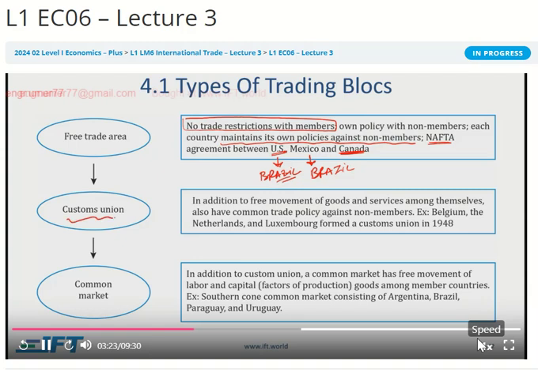Moving on to a customs union, more integration is there: not only is there free movement of goods and services among the members, but they also have a common trade policy towards non-members, right? So think of Belgium, Luxembourg, and the Netherlands.